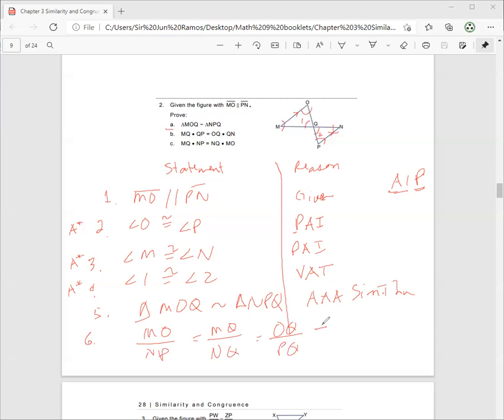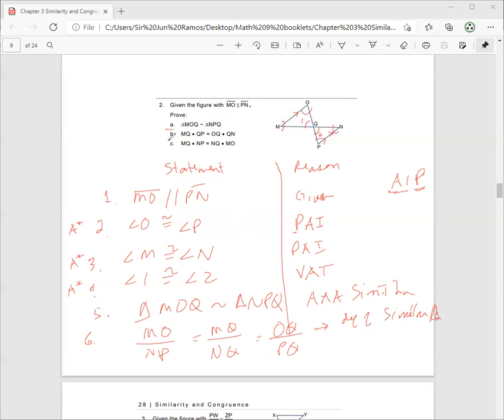This is because of what? Definition of similar triangles. What does it say? The sides are proportional.